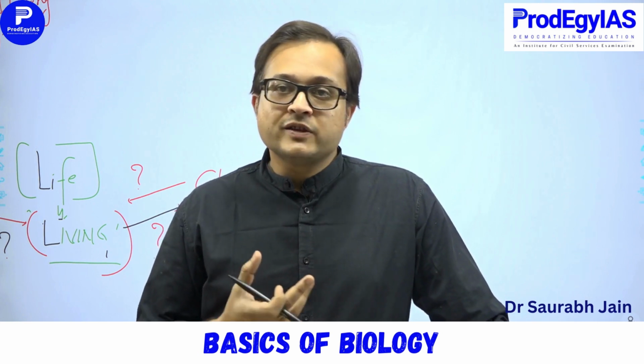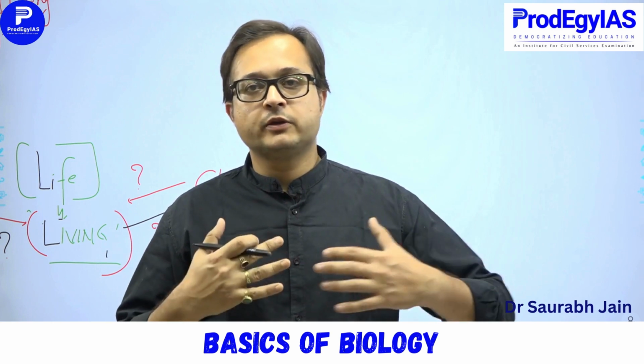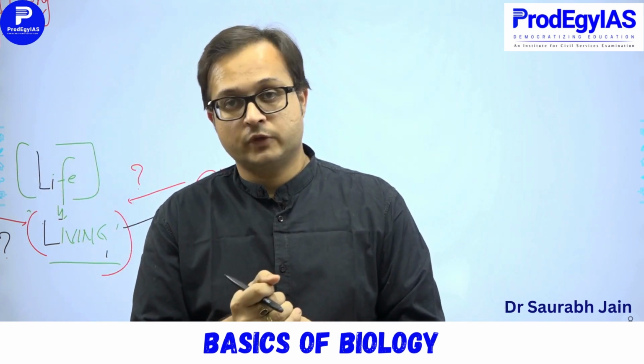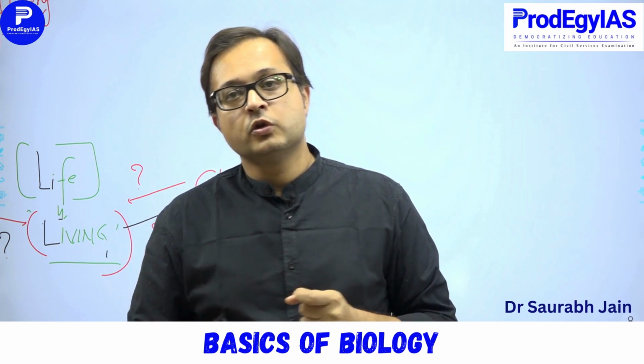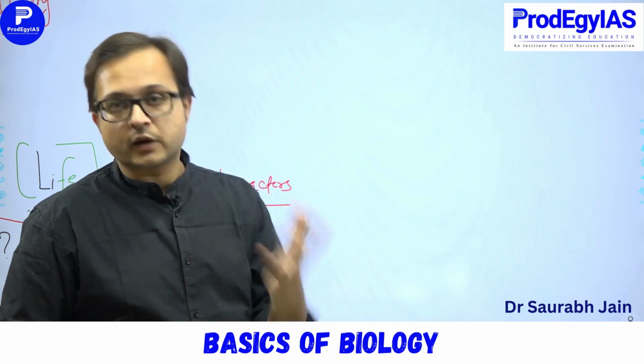So whenever we say living beings, we have to identify living beings with respect to things that we have in the surrounding or biosphere, right? So when we try to define living beings also, we have to understand this with a very basic understanding of the surrounding.